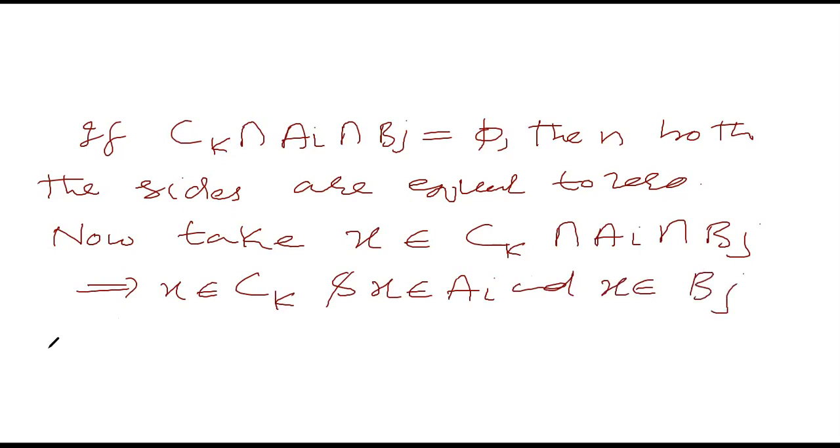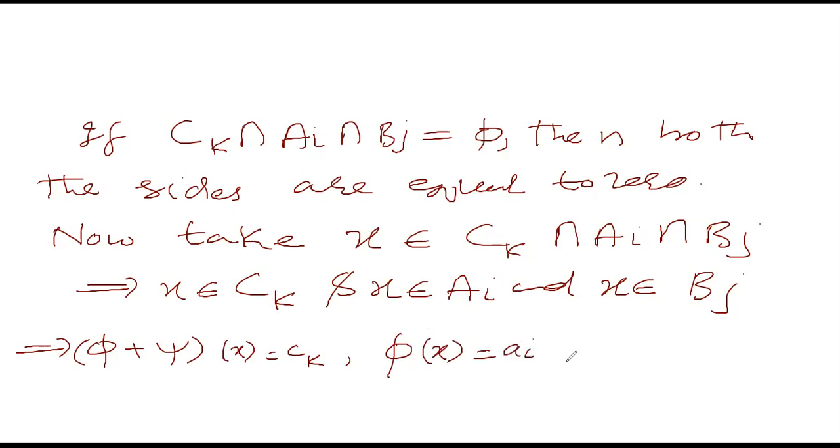Whenever x belongs to Ck, it means that phi plus psi of x is equal to small ck. But whenever x belongs to Ai, it means that phi of x is equal to ai, and whenever x belongs to Bj, it means that psi of x is equal to bj.